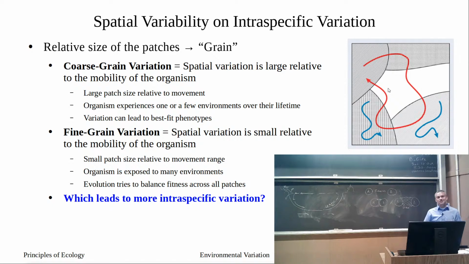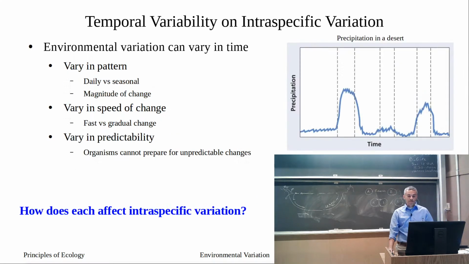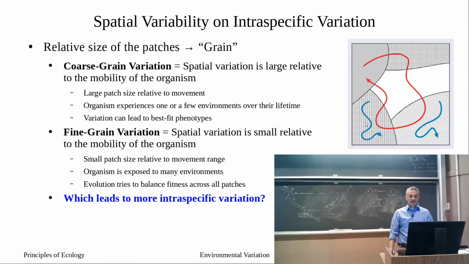So we tend to normalize or neutralize a lot of that variation. So coarse grain variation should produce more intraspecific variation across the species, because we could have population A here, population B, population C, population D, population E, and each population has its own phenotype and its own genotypes going forward. Whereas our hawk sees this fine grain environment, that's really just population A throughout this entire area.